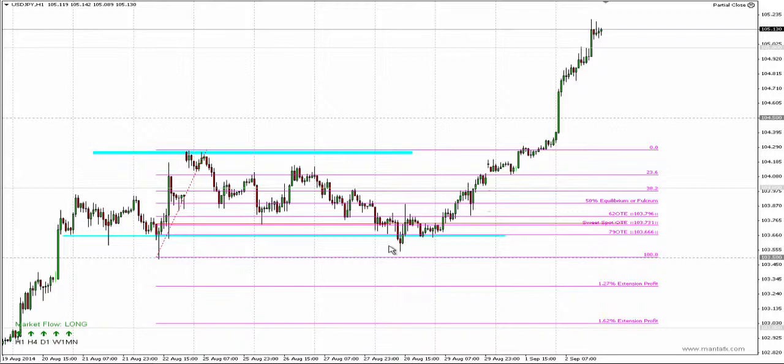But if you're looking at the market closely, you could obviously get an OTE, optimal trade entry, on this particular setup. This seems pretty obvious to me.